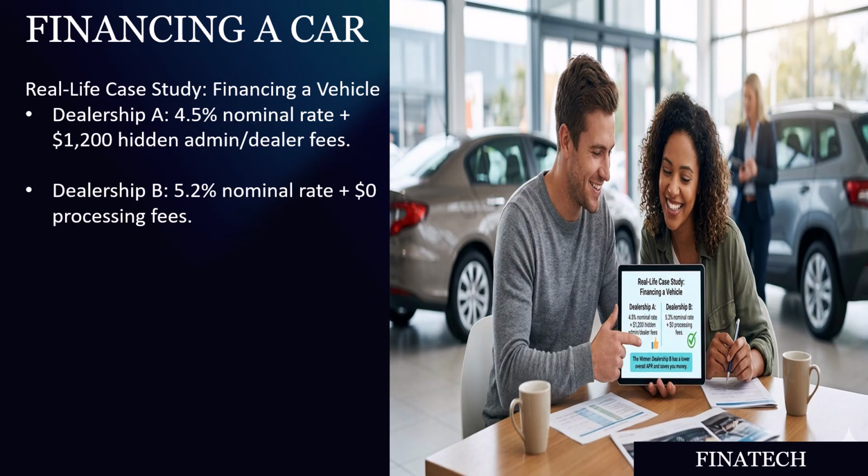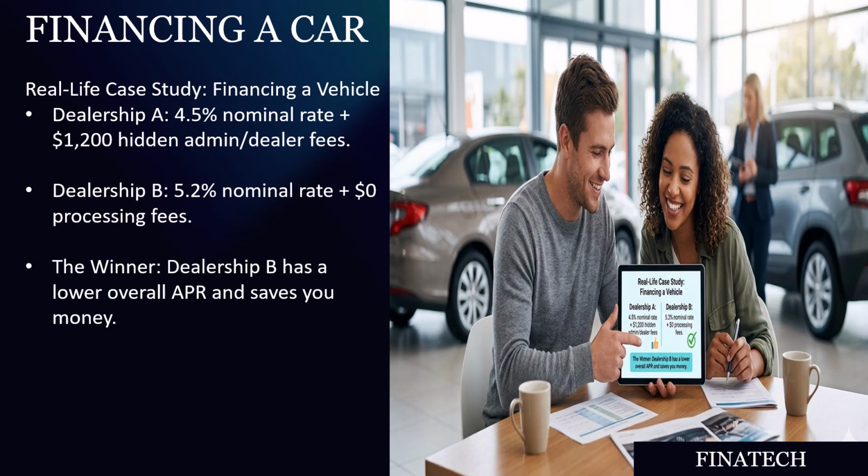Most people rush to dealership A, but after adding A's mandatory dealer prep and document fees, their APR climbs to 6%. Dealership B is actually the cheaper deal because their APR stays at 5.2%. Think before acting.